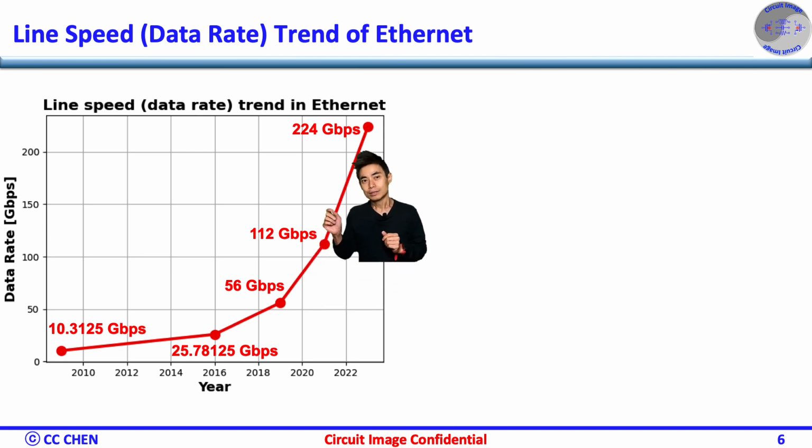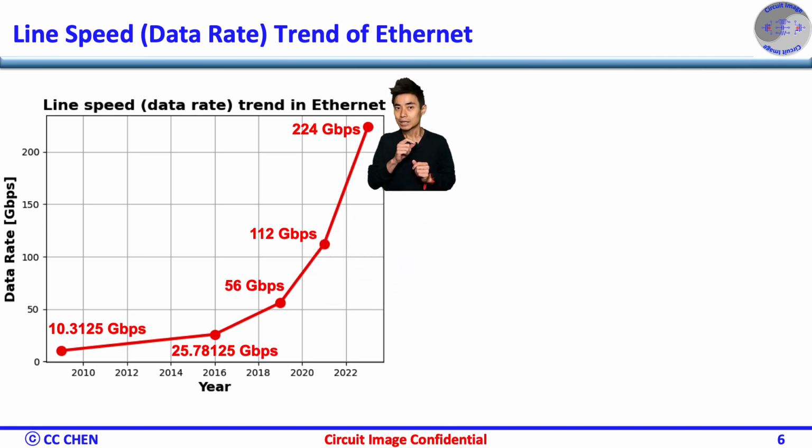Even though we have reported 224 gigabit per second this year, I'm not sure if that's workable in production unless people have a better system design, which is the reason you may need to know what the raw loss in a SerDes is.